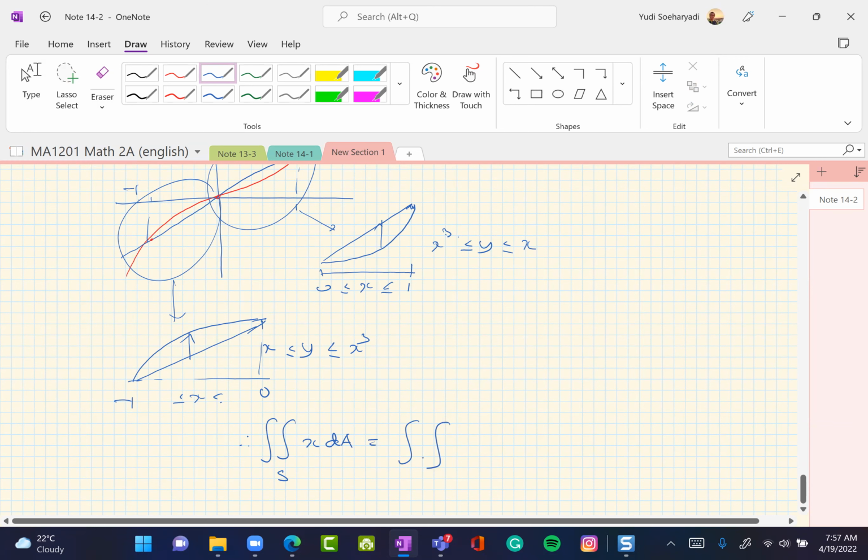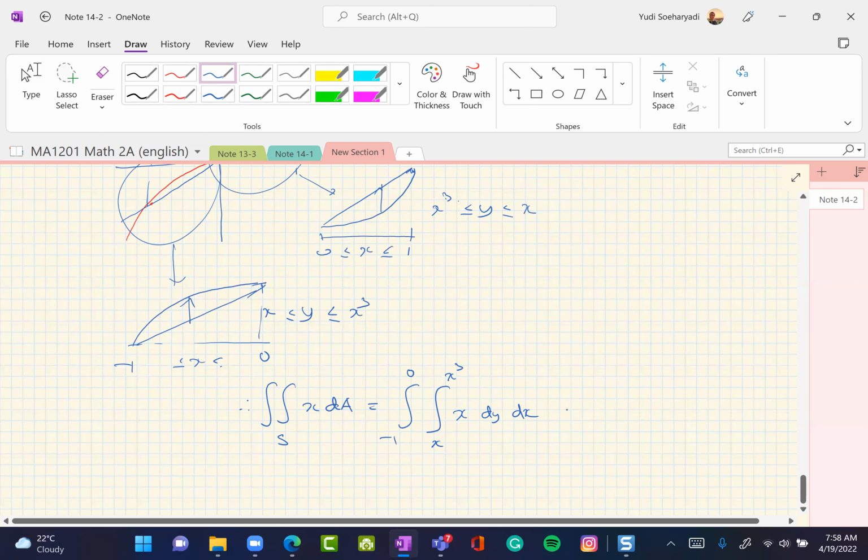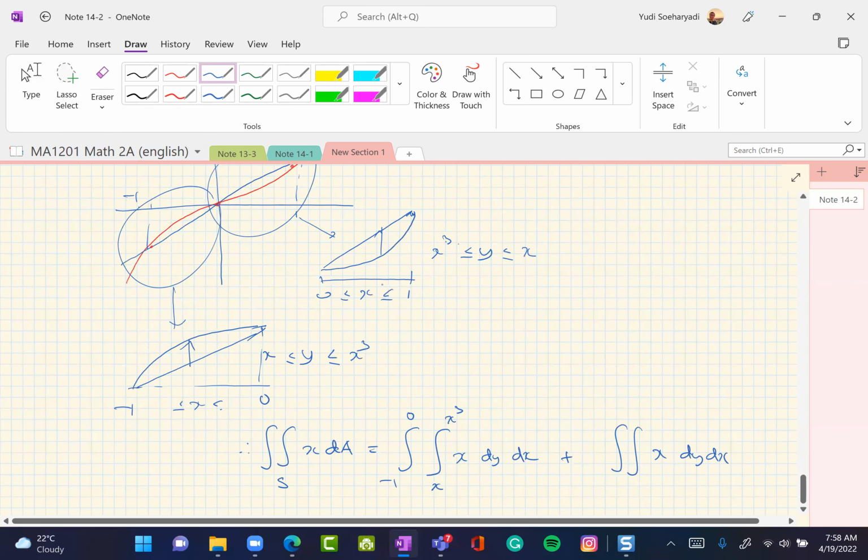Here y comes from x, y first, and then x is from -1 to 0, plus x dy dx, in this case y moving from x cubed to x, with x from 0 to 1.